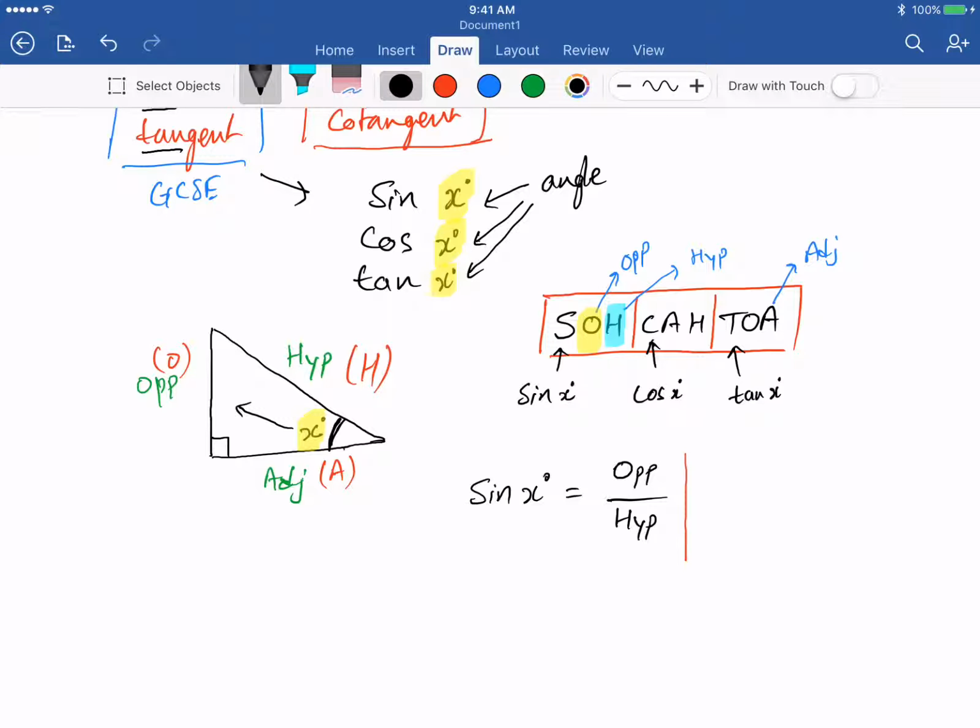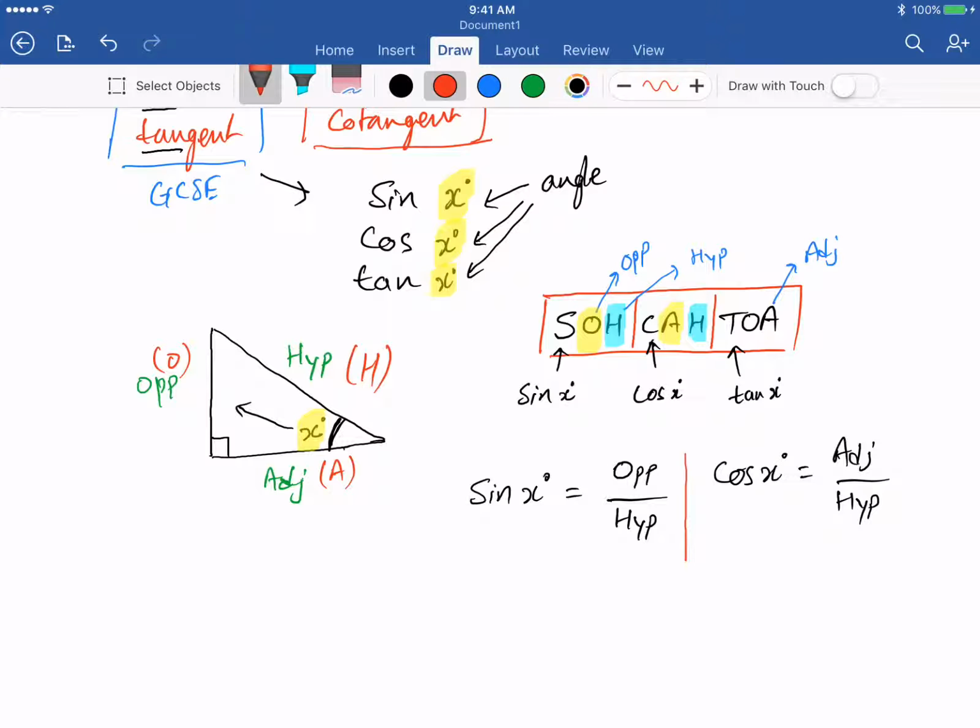Similarly, we can get the value of cos of x by using the second one: A, adjacent, divided by H, which is hypotenuse.